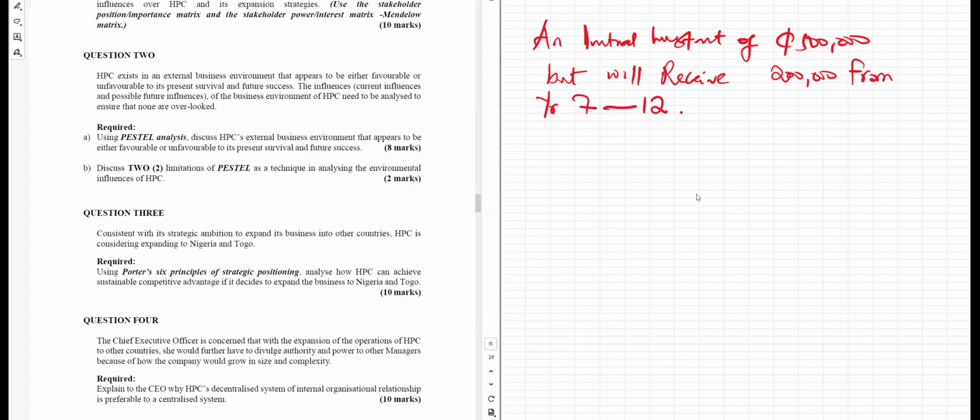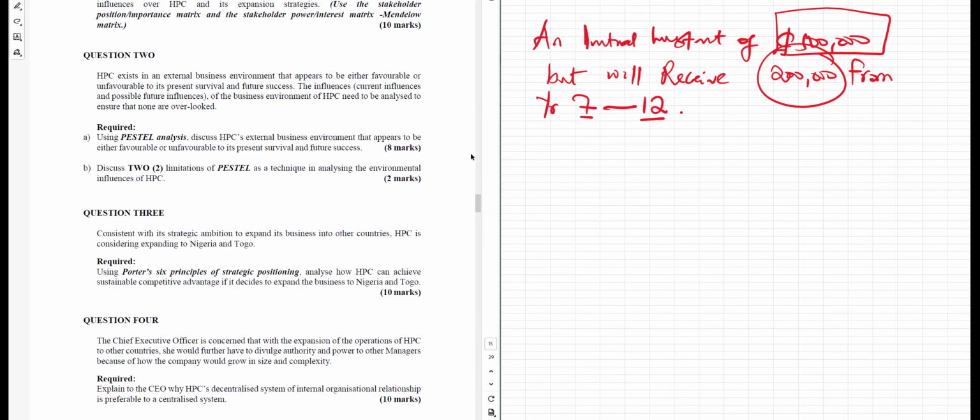Do you understand? Pay attention. That means these cash flows I'm receiving, do they begin from year 1? No. Which year do they begin from? From year 7, 7 to 12.